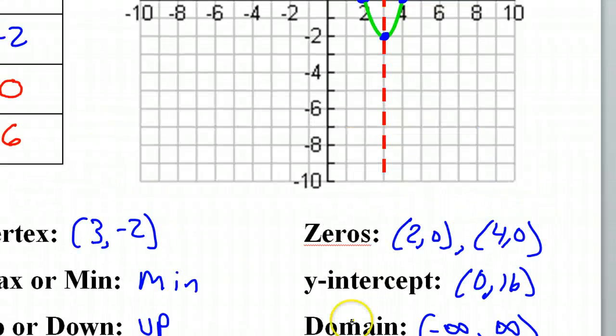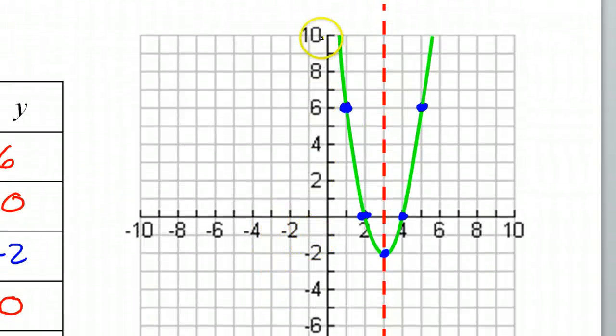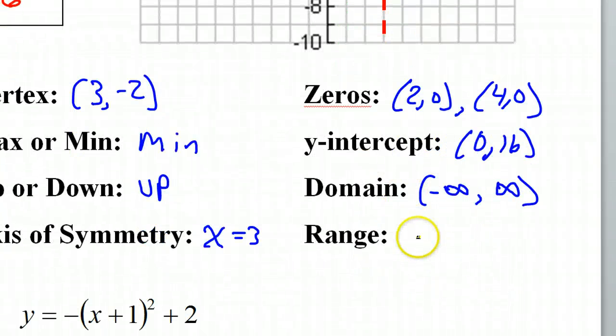Now the range, that's the y values of a graph. So that's how low it goes and how high it goes, in that order. So what's the lowest value on this graph? Lowest value is here at negative 2. Okay, and then it goes up forever. So we're going to say negative 2 to infinity.